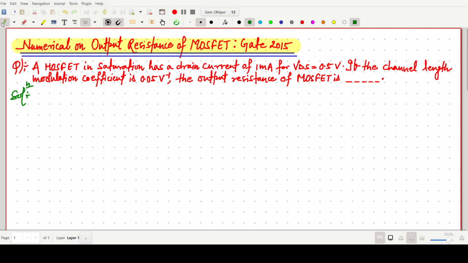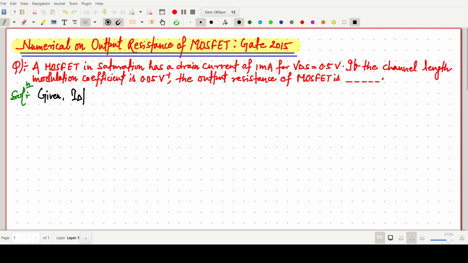This is a very simple question, but we have to know the fundamental formula of the drain current when channel length modulation comes into the picture. First, I want to write what is given in the question.